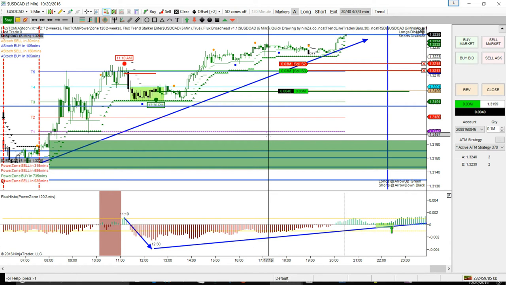Target filled. Here we go, traders. So it took out the 40 pip target. Target filled.